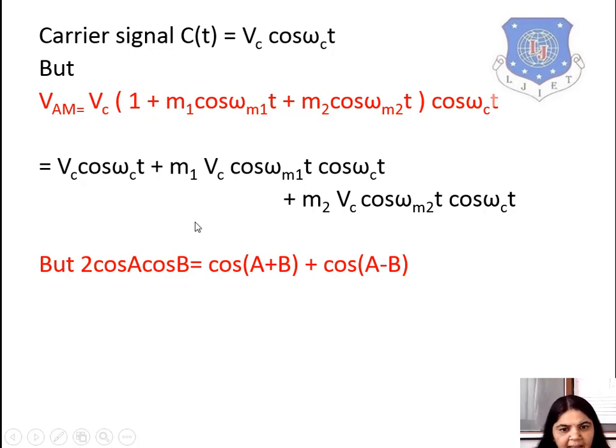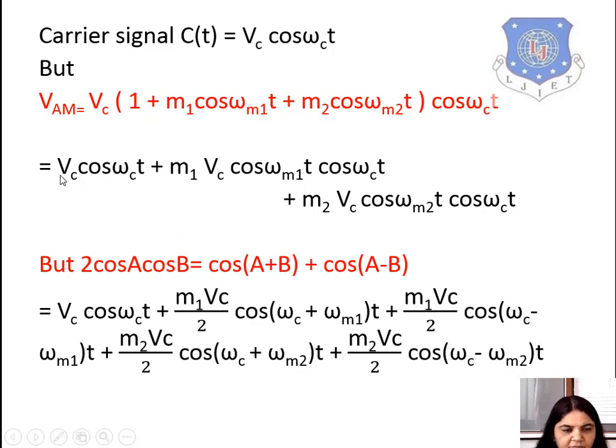By applying this relationship, I can write Vc cos omega ct plus m1 Vc divided by 2 cos omega c plus omega m1, because the carrier is higher than the information. So never write omega m plus omega c or omega m minus omega c.